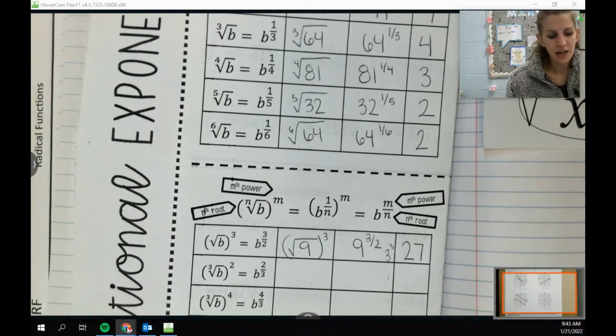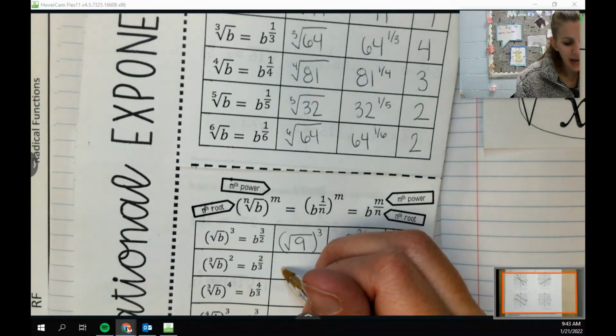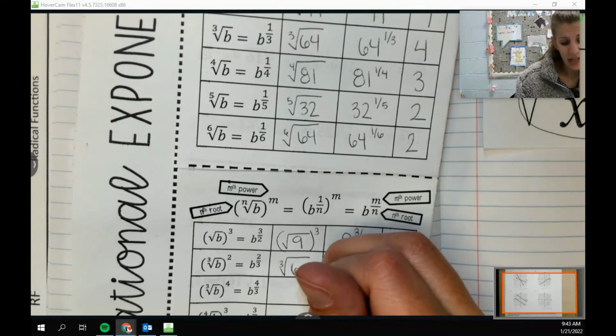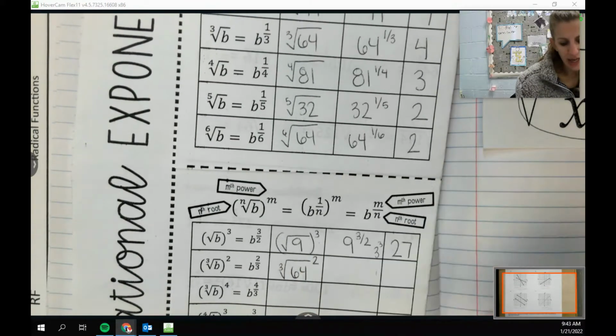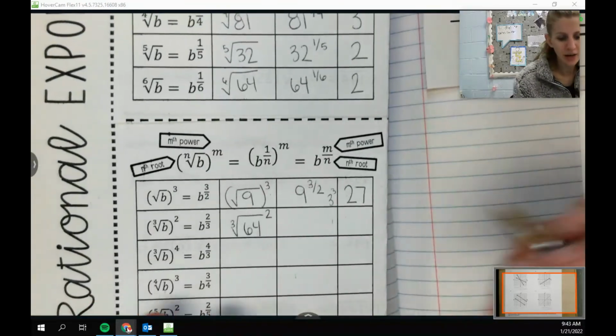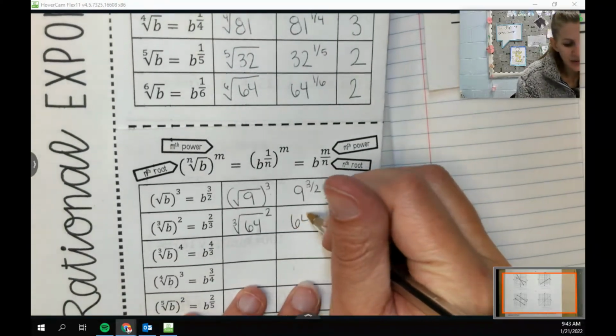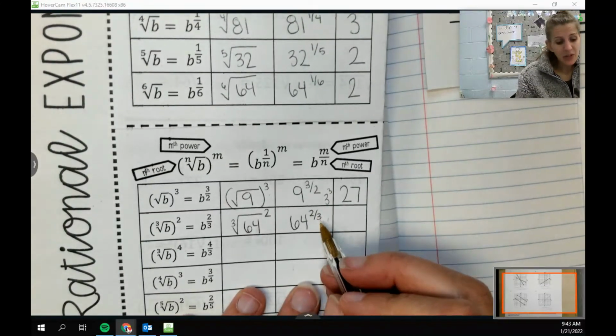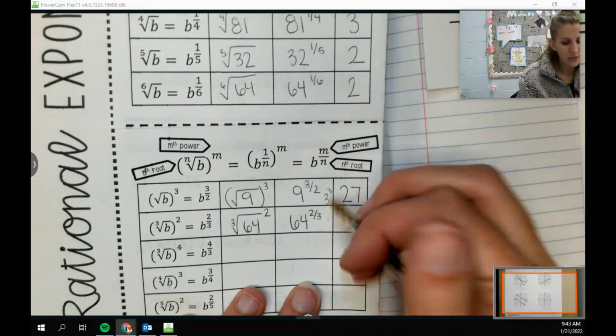Okay. Another example of that could be if I had a cube root of maybe 64 to the second power. I could rewrite that as 64 to the 2/3 power. I'm going to try to take the root first, and I can take the cube root of 64.